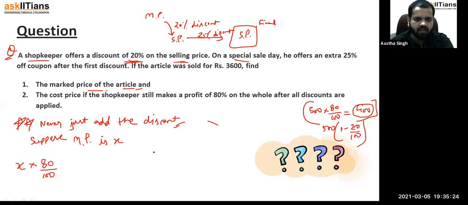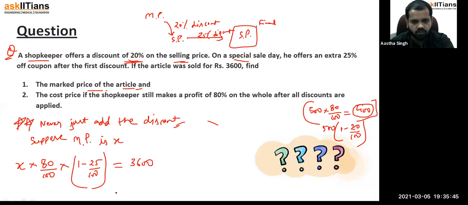So yeah, the discount factor was 80 by 100. Next, he offers a 25% off coupon, 25% more discount. So 25% more discount means 1 minus 25 by 100. It is 75 by 100. So this is all equal to what? 3600.